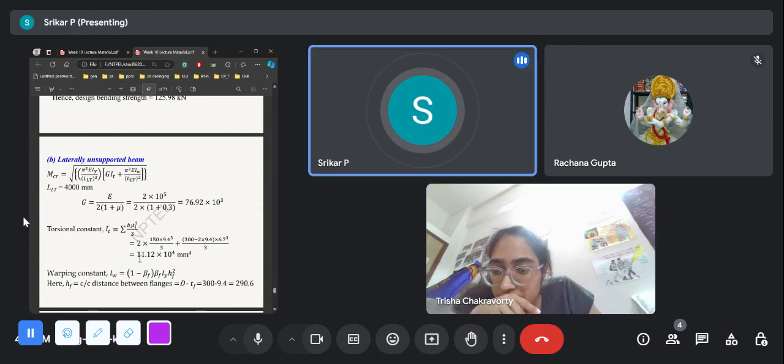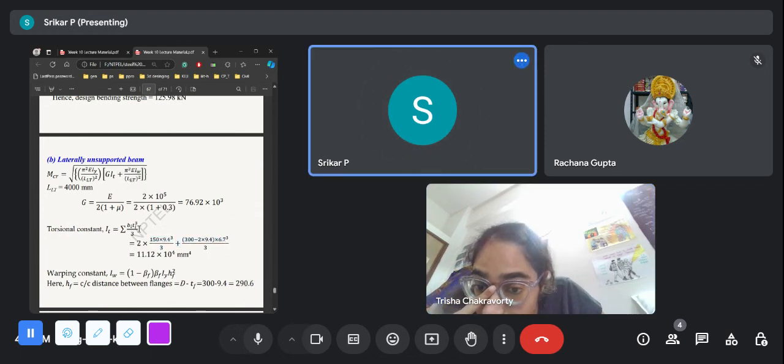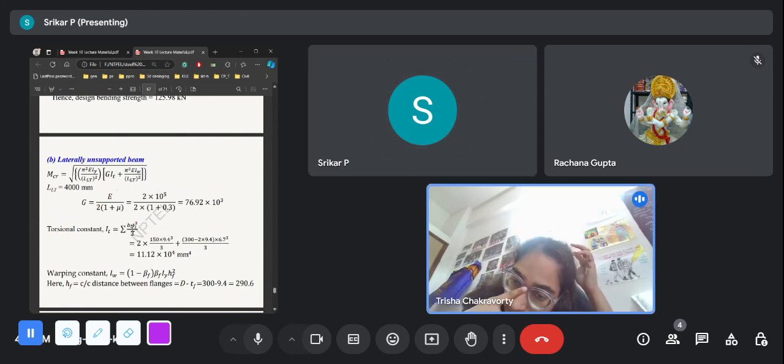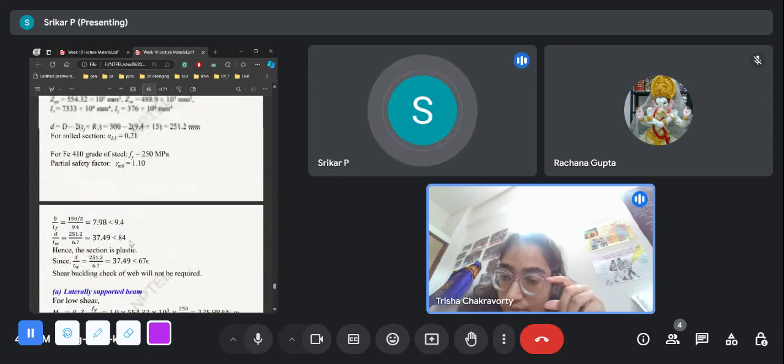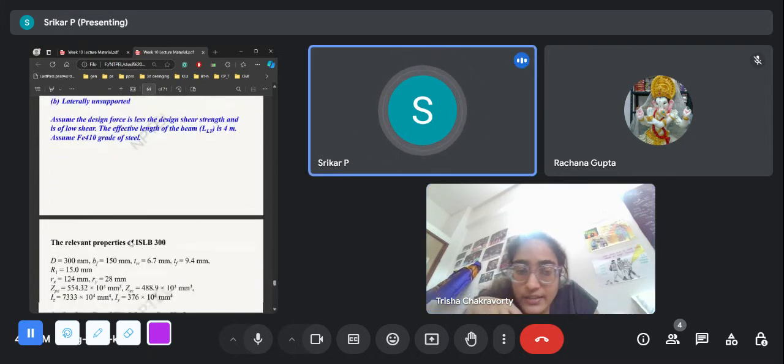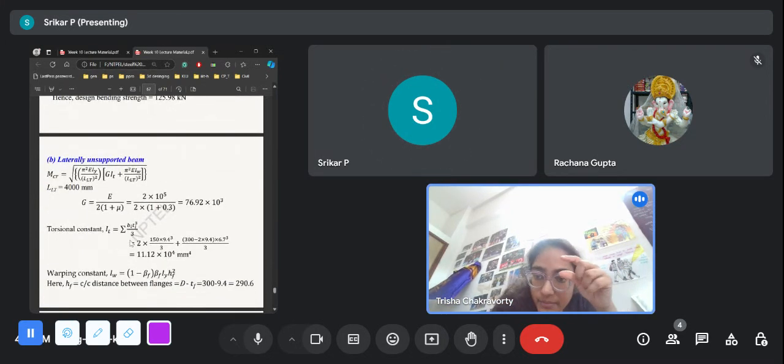And did you understand these terms, like b t cubed? Did you understand b t cubed? Yes. So b is the width and t is the thickness, I guess. Is this a box section? No, ma'am, this is an I section. So b and t are for all three members: the flange, the web, and the flange.